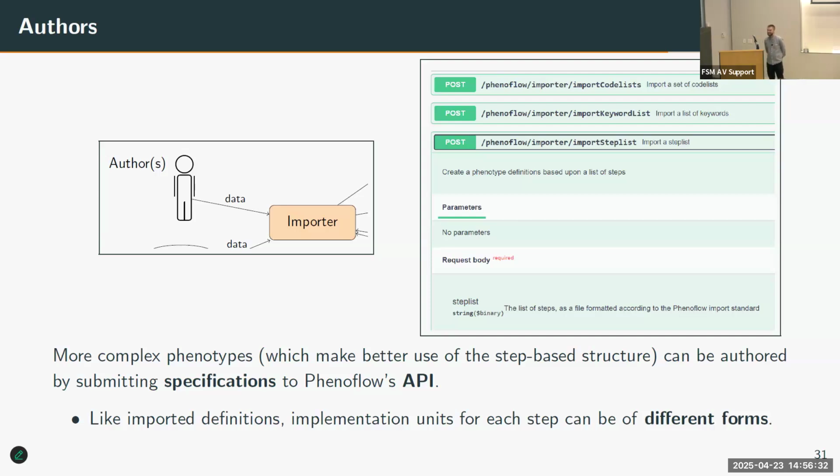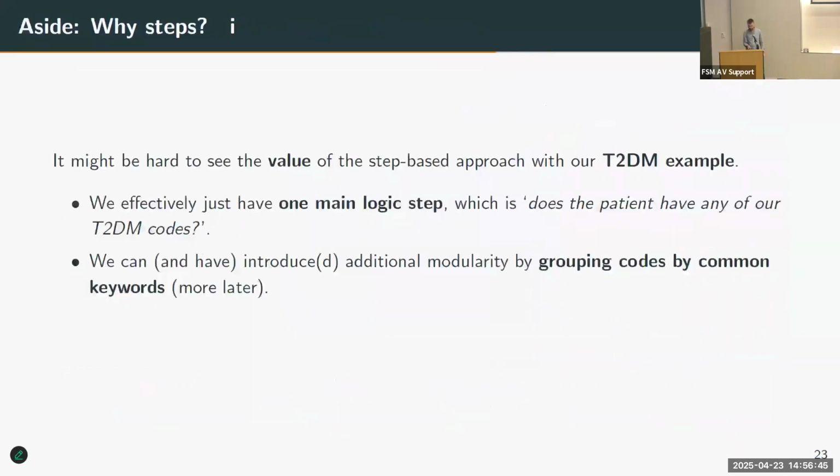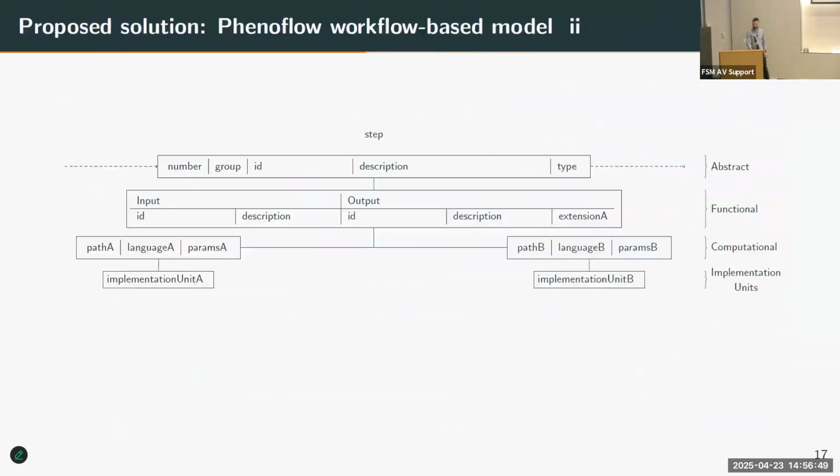Oh, please. So, just thinking about the approach that you take of separating the model of the phenotype from the implementation, and generally how we approach developing phenotype algorithms, thinking about them for portability purposes, what do you think?